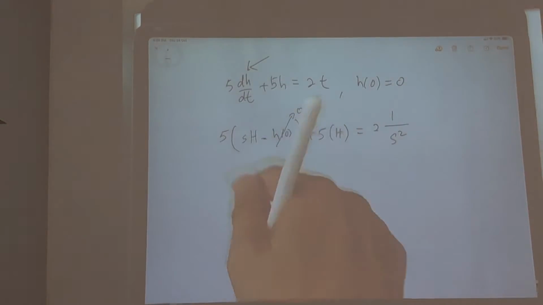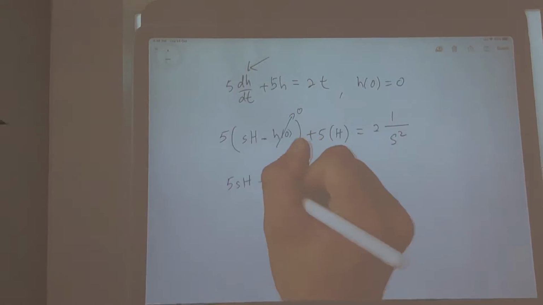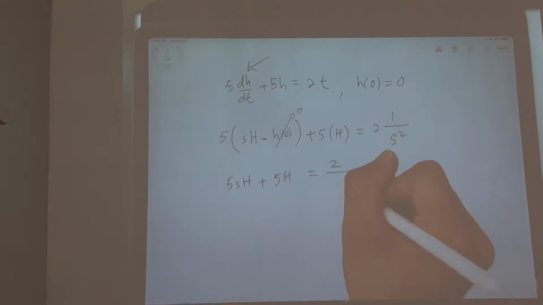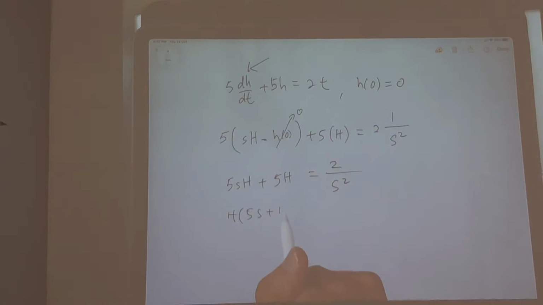What is left at this side is 5 S H plus 5 H equal to 2 divided by S squared. If I take out H on the left hand side, what I have is 5S plus 5, times H, equal to 2 over S squared.